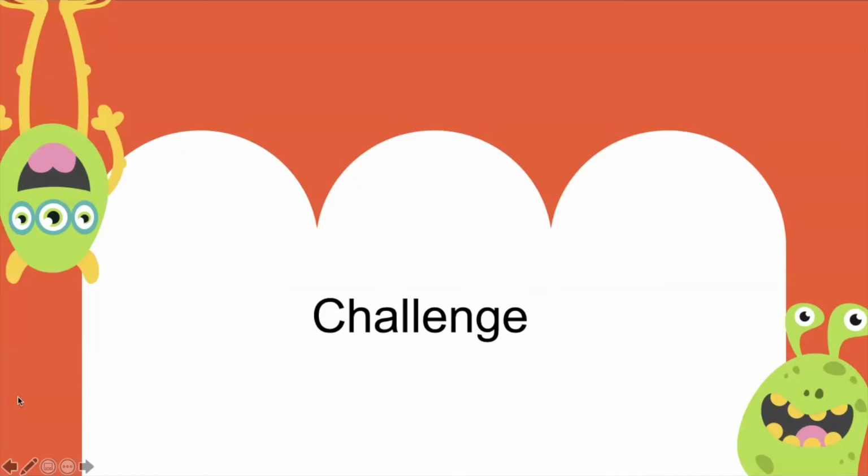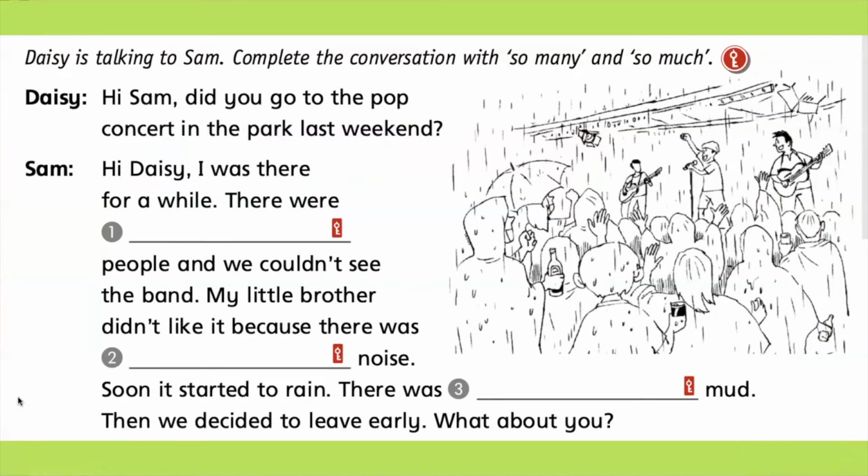Here comes the challenge. You are going to fill in the blank and complete the conversation with so many and so much. Hi, Sam. Did you go to the pop concert in the park last weekend? Hi, Daisy. I was there for a while. There were people, and we couldn't see the band. My little brother didn't like it because there was noise.